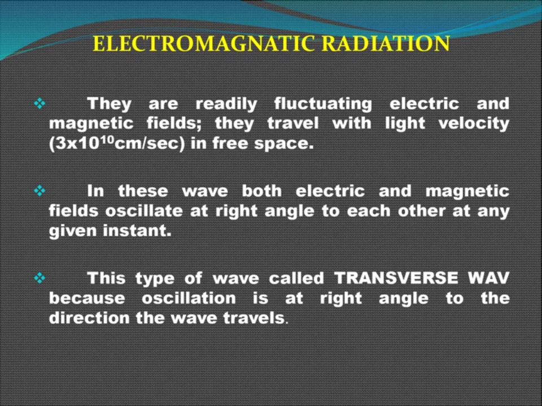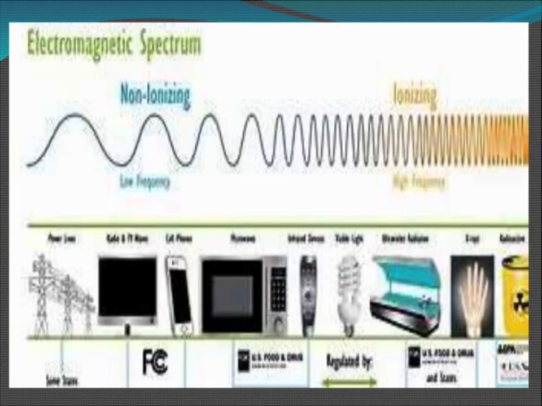Both components, electric and magnetic, oscillate at right angles to each other at any instant of a given wave. This type of wave is also called a transverse wave because of oscillation at right angles to the direction of travel of the wave.